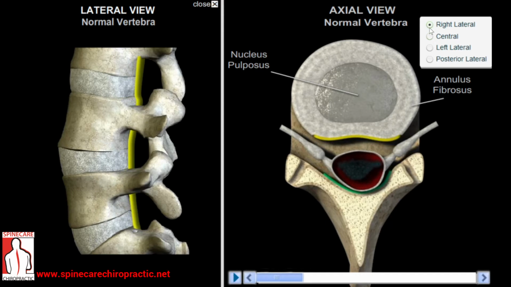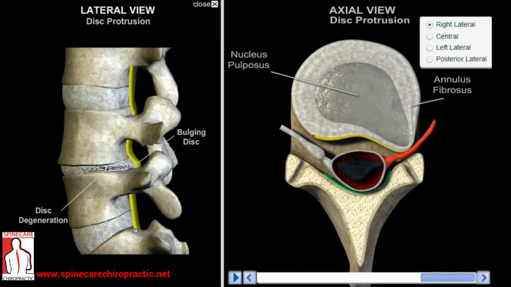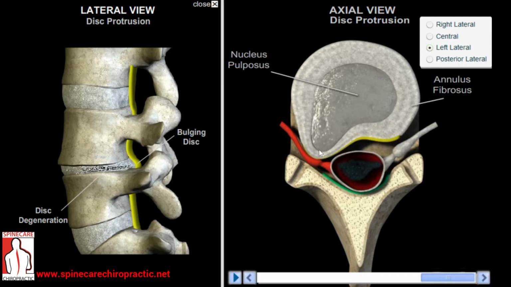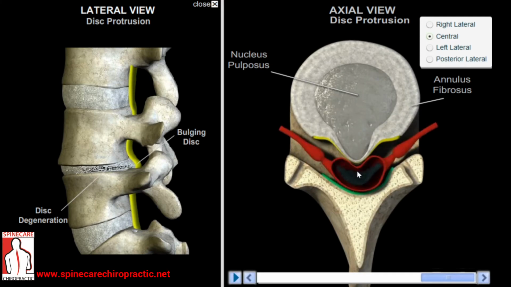If it leaks to the right, it will affect the nerve on the right, and you might get pain or numbness on the right side of your lower back, for example. If it hits the left, you get symptoms on the left. If it hits the center, then unfortunately you get symptoms on the left side, the right side, and also in the center.